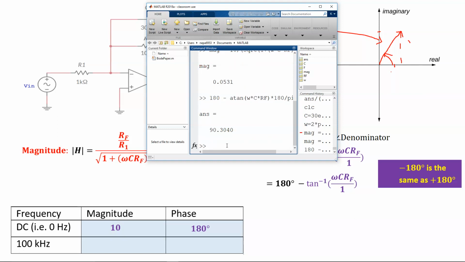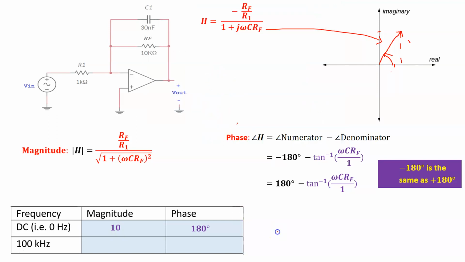Okay, so what I end up getting is 90 degrees as the angle. So I got a magnitude of 0.05 and a phase angle of 90 degrees.